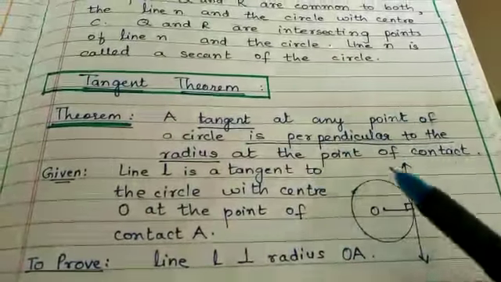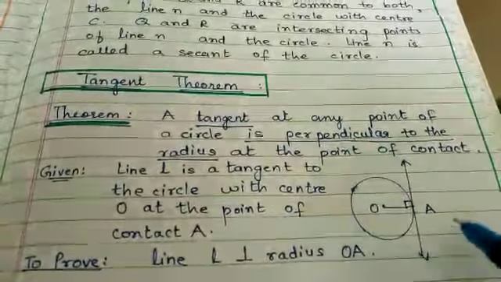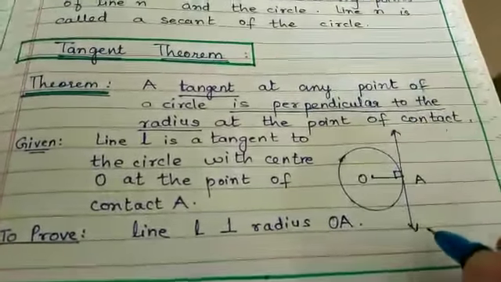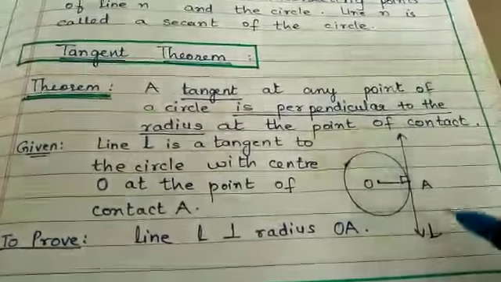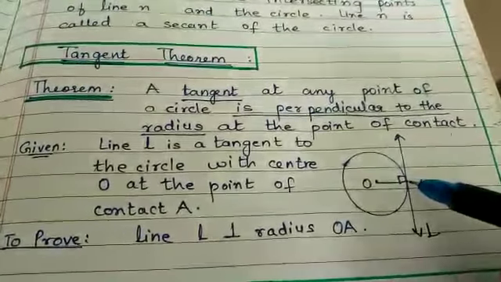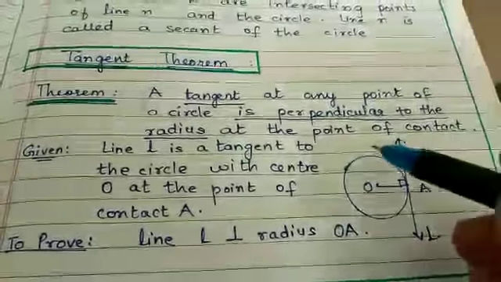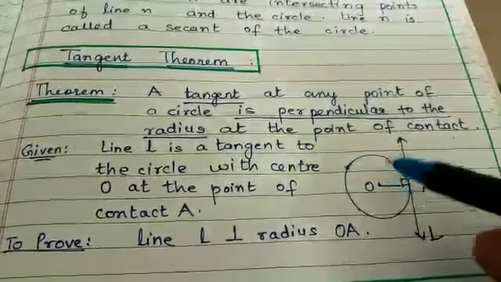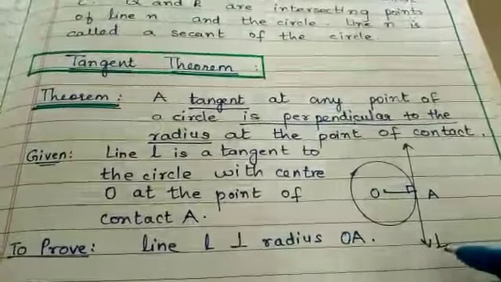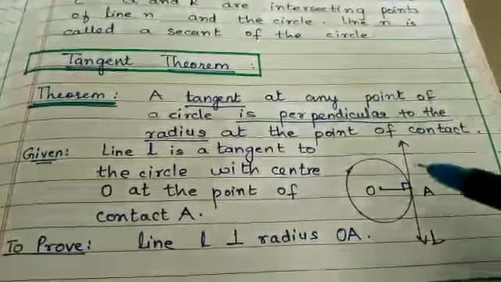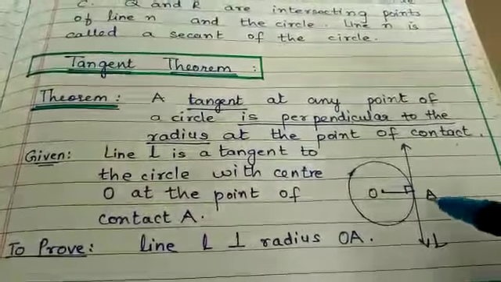In this figure, O is the center of the circle. This line L is a tangent line and it is intersecting the circle at point A, and OA is the radius.